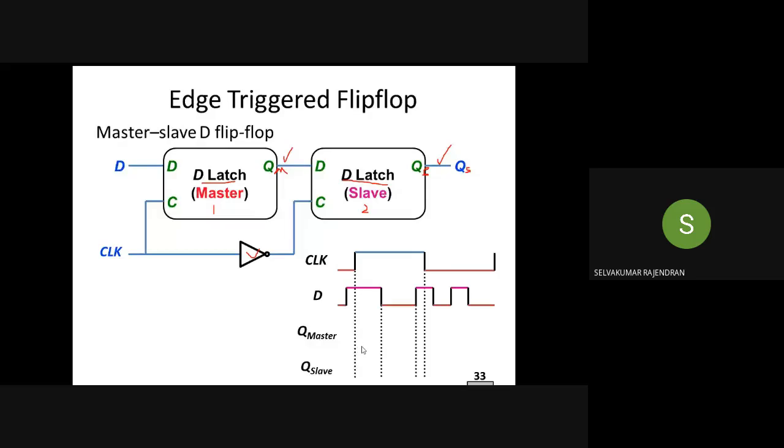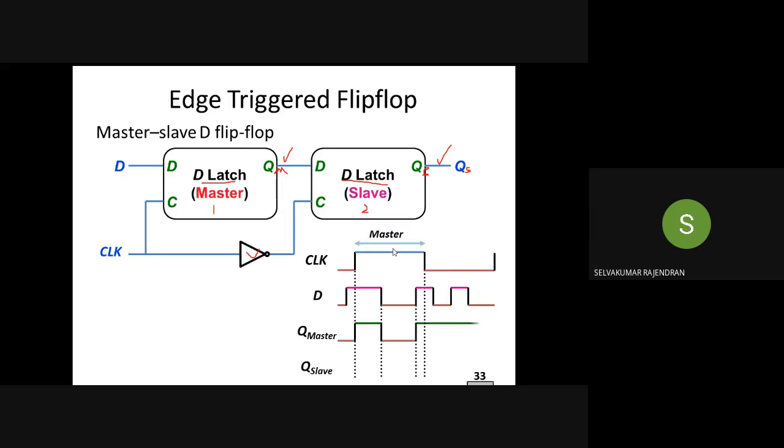Now come to the timing diagram. We know the concept of D latch: whenever the clock is disabled, the output will be the previous state, and whenever the clock is enabled, Q follows the D input. The same thing is applied here.